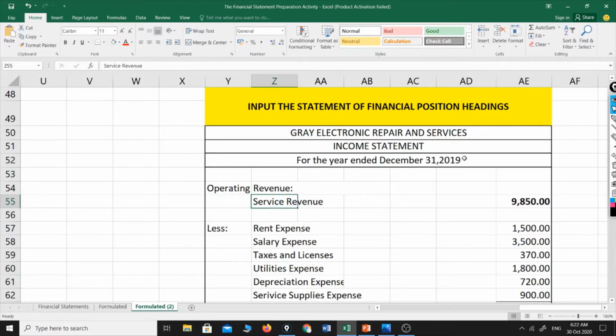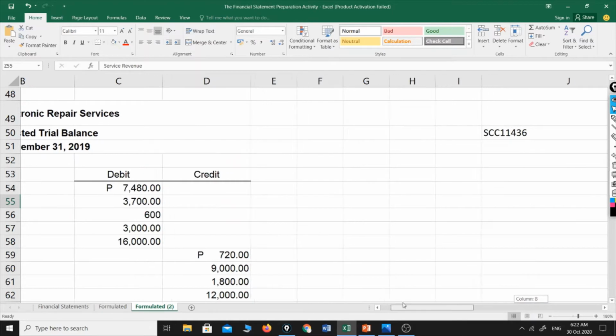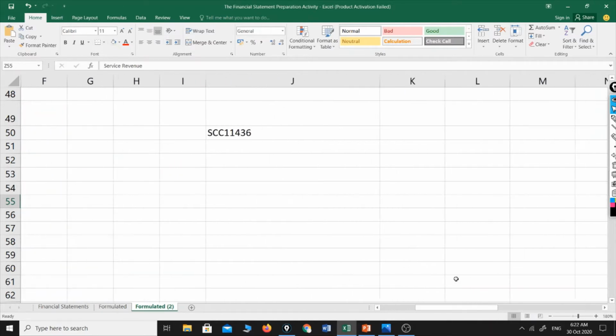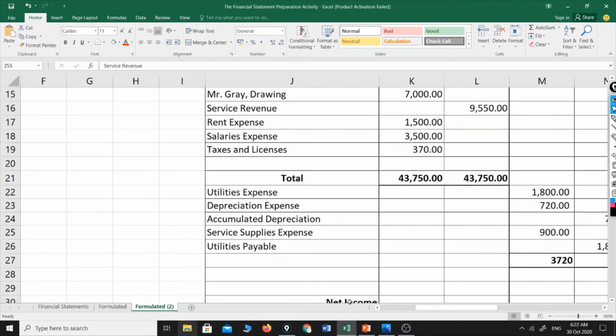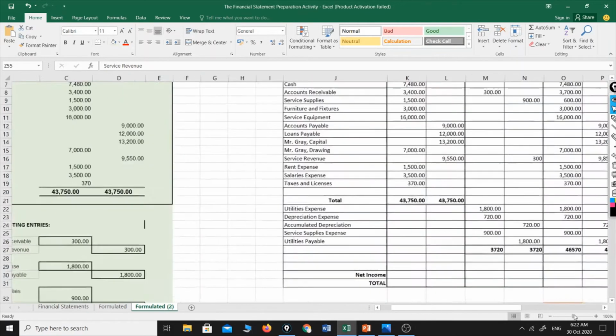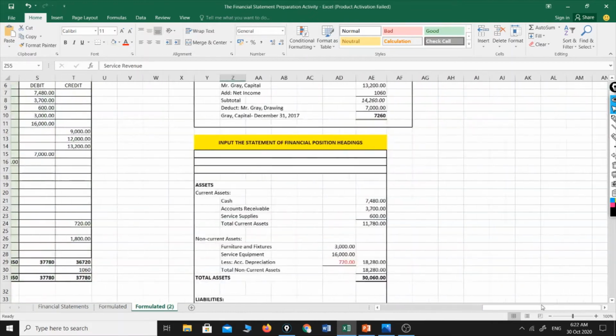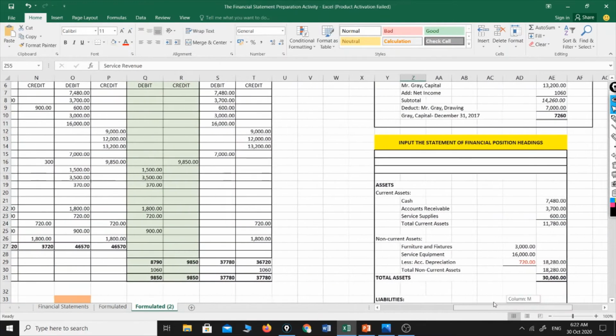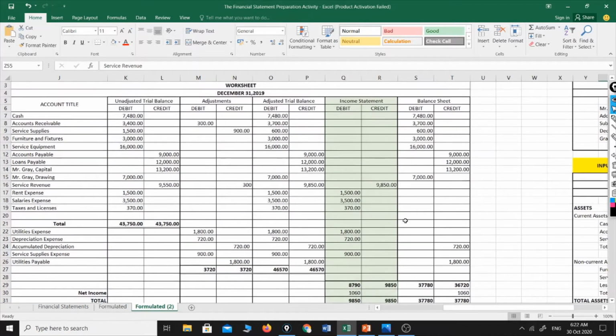You lay down all the revenue. But based on our worksheet, under the income statement section, revenue is only the service revenue, and the rest were expenses.